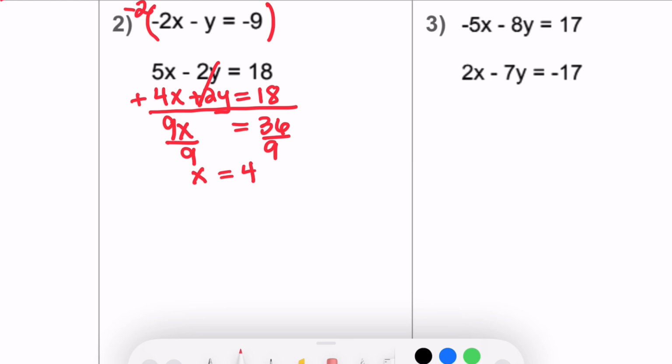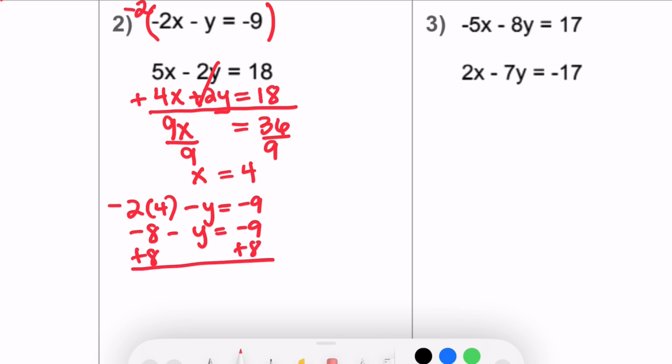Now to plug it back in, like I said, you can use either equation. I'll do both just so you can see what's going on. So I'm going to add 8 to both sides, and I have -y is equal to -1. Divide both sides by this -1 that's in front of the y, which is the coefficient, and y is equal to 1.